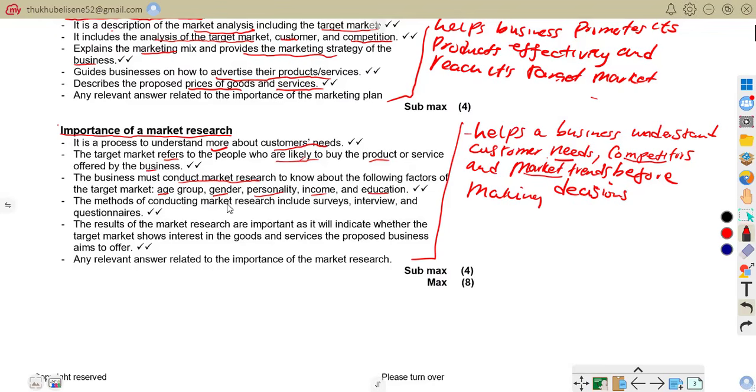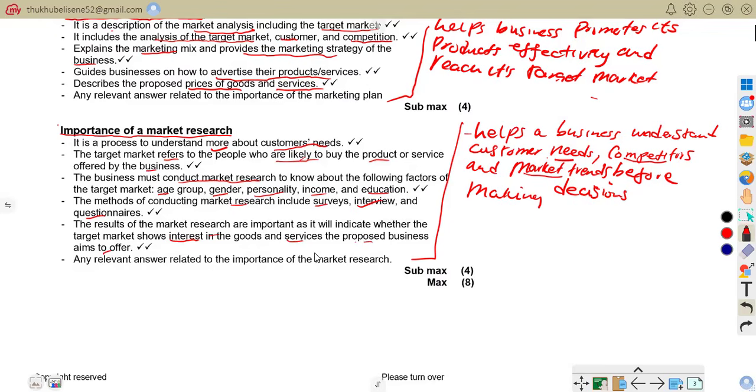So the methods of conducting market research include surveys, interviews, as well as questionnaires. The results of the market research are important as they will indicate whether the target market shows interest in the goods and services the proposed business aims to offer.